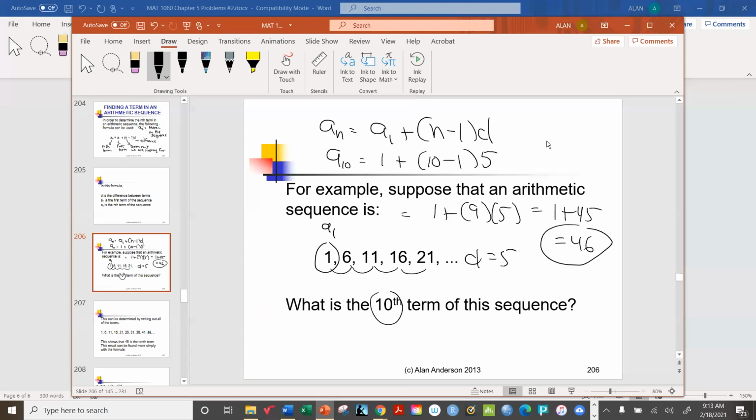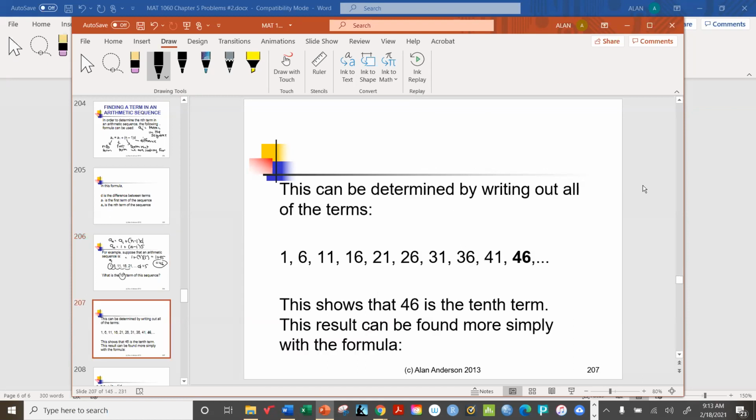All right, so let's see the proof. Let's write this out. In the next slide, it's just a list, and you'll see the 10th term is in fact 46. That's it. All right, number 10 is 46.